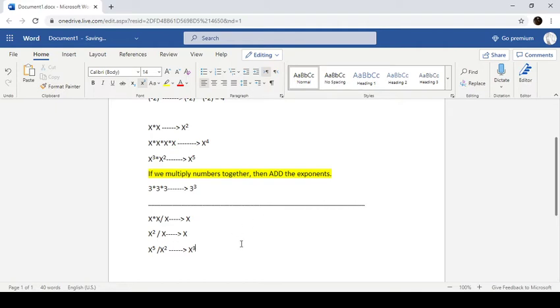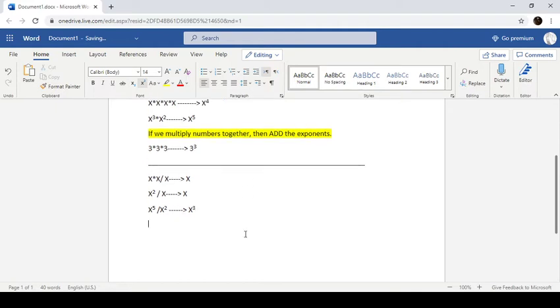So here's our next rule. If we divide numbers, then subtract the exponents.